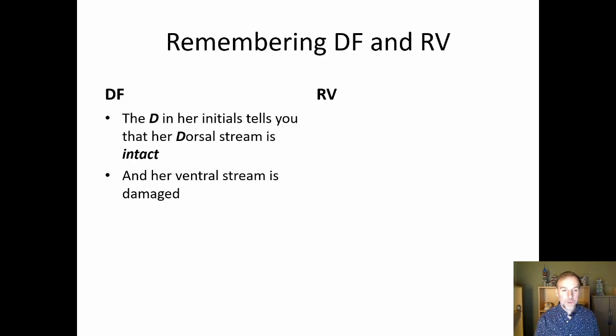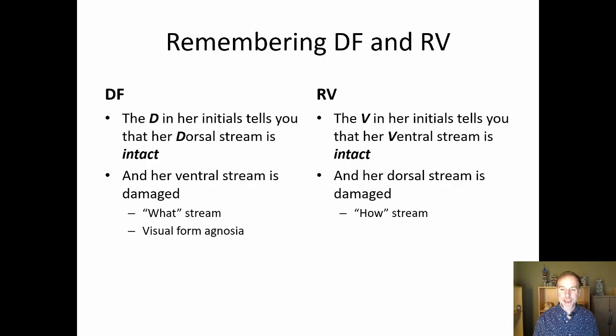So a little clue to help you remember DF and RV and which condition each one has comes by chance by their initials. So DF, what you can do is remember she has a D in her name, so that means her dorsal stream is intact. And perhaps it would be better if it told you what was damaged, but these are actually their initials, so we have to use this memory technique.